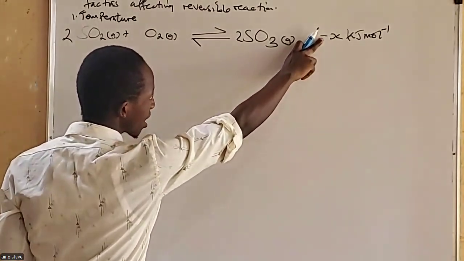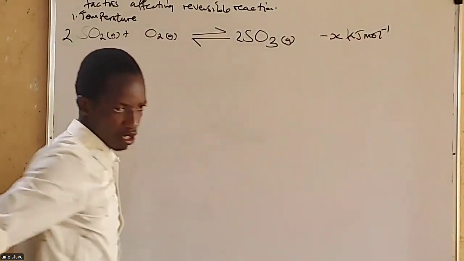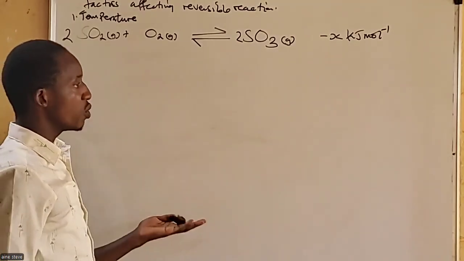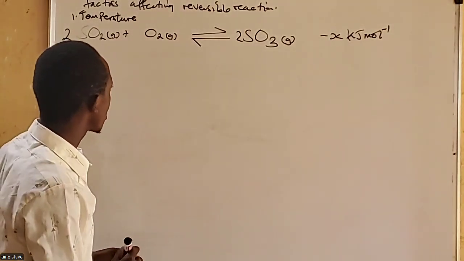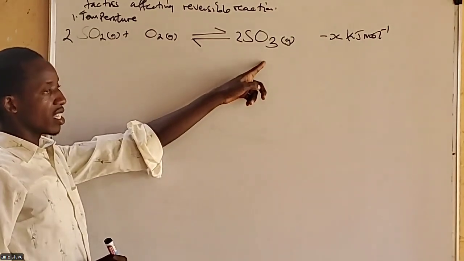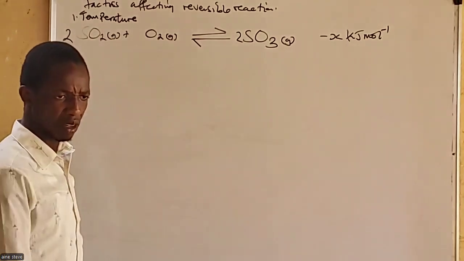So whenever you see a negative sign at the extreme of the equation, it means that this reaction is exothermic. So, how do you explain the effect of such? It means that this reaction, the forward reaction, is exothermic.